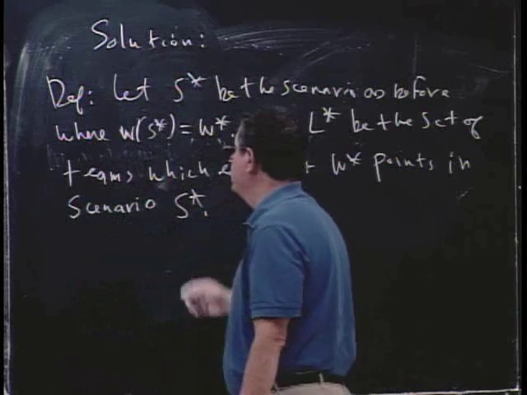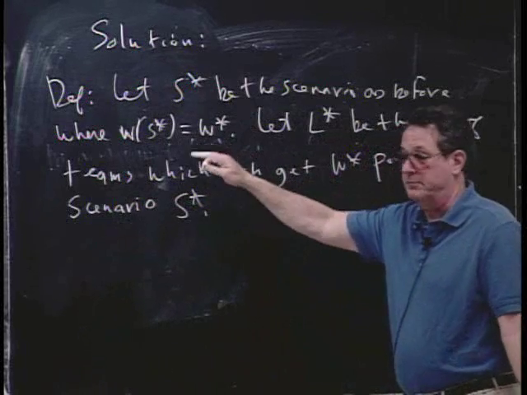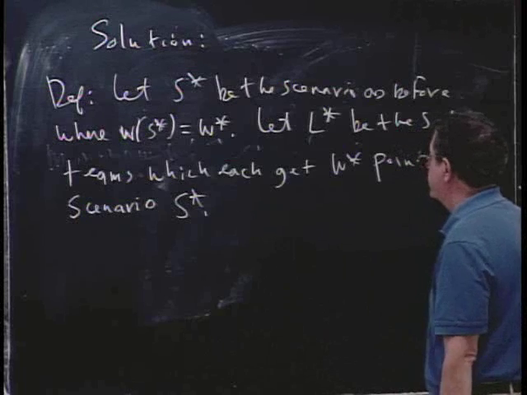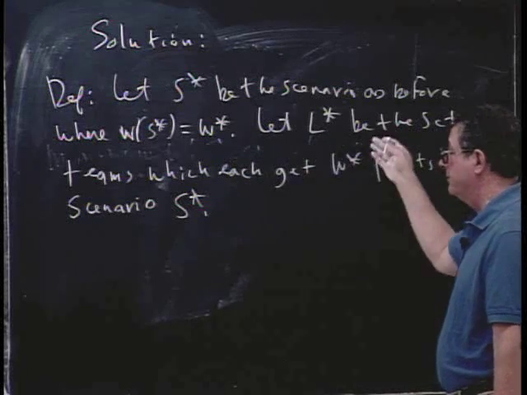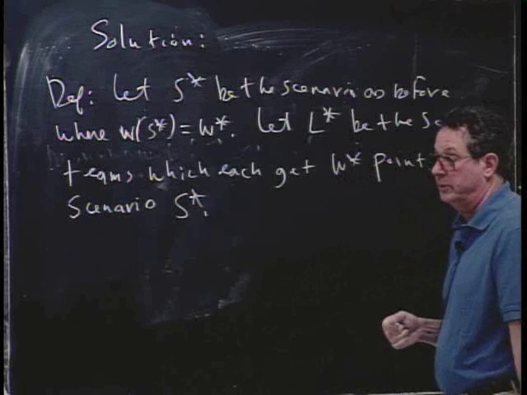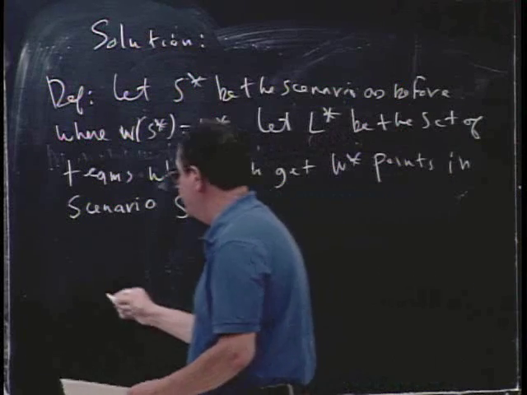Okay, so in the scenario S star, at least one team gets W star. That all comes from definition. But it may be that there are additional teams that also get W star, and L star is going to be the set of all those teams that end up with W star points. Okay. Now we're going to need another definition.